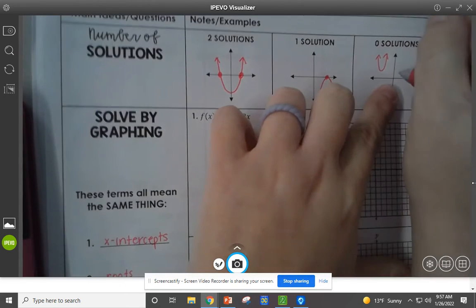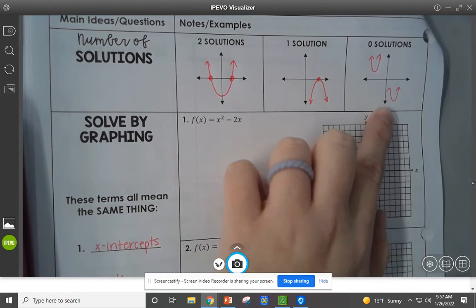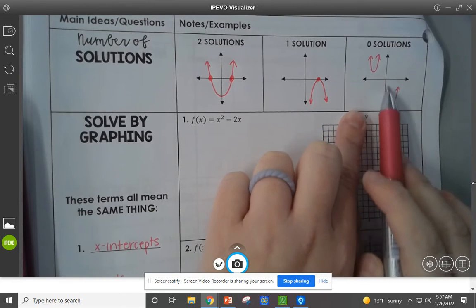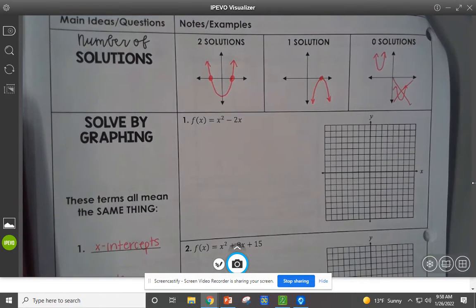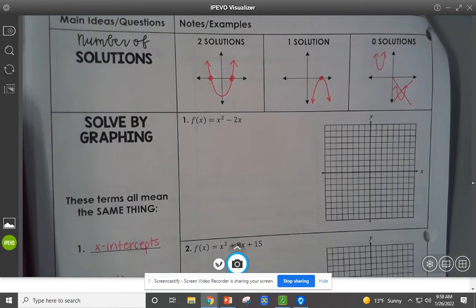Now, you can't do this, because even though you didn't draw it crossing the x-axis, these arrows mean that it eventually would. So this is not a correct example. If it was down here, it would need to be upside down, like this.